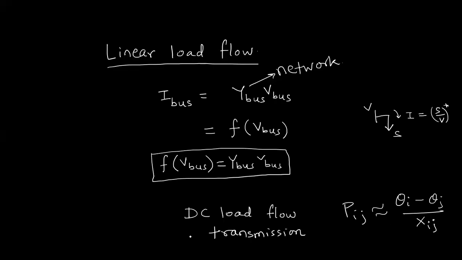Can we apply DC load flow, which is again a linear load flow, as it is to the distribution system? The answer is no, because the distribution system has a particular characteristic: the resistance is not negligible. The angular difference is very small, so the power flow is not related to the angular difference only, it is related to voltage amplitude also.